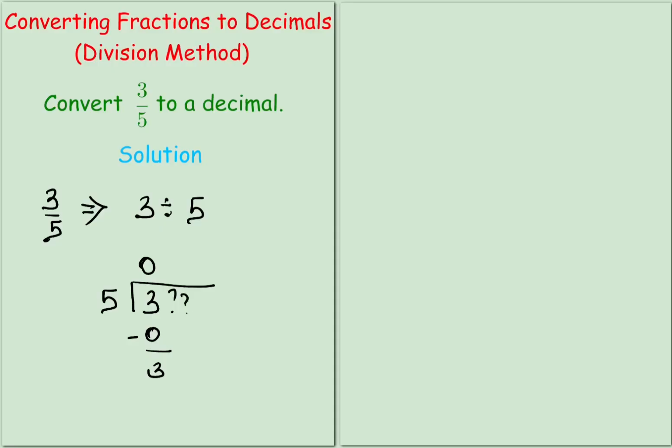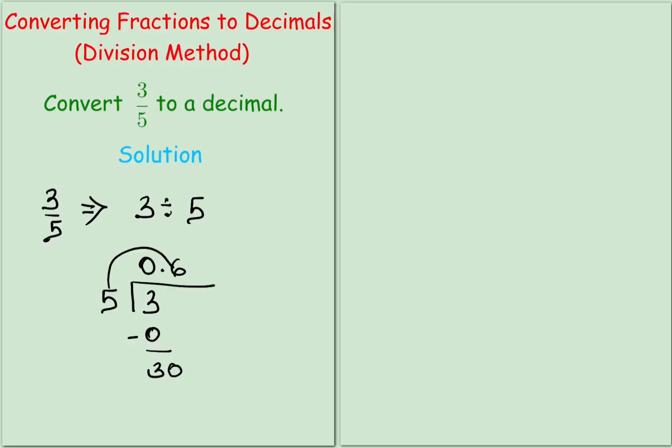There is no number here we could bring down to aid in the division. Hence, we are allowed to introduce a decimal point. And this decimal point allows us to add a 0 to our remainder. With that, you ask yourself, 5 divides 30 how many times? 6 times.